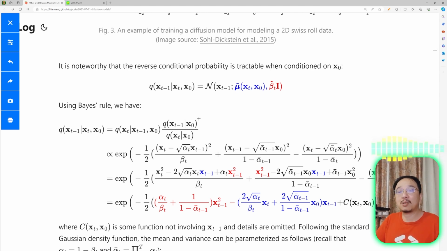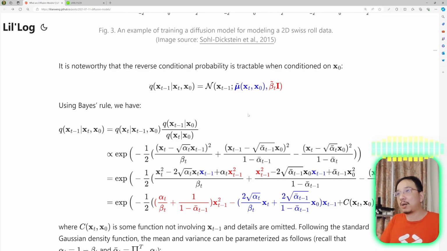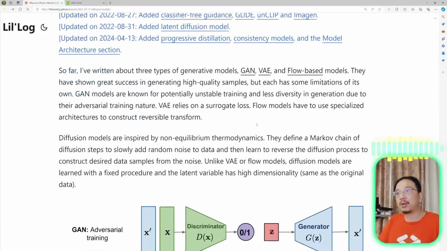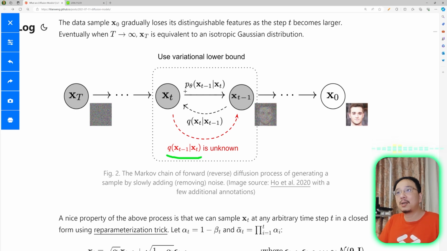This is the thing that we don't know and we want to know. So instead of deriving the formula directly, we are using machine learning to train a model to do the job. So let's go back to the above figure right here. Because this guy is unknown, we are going to try to train this guy instead.